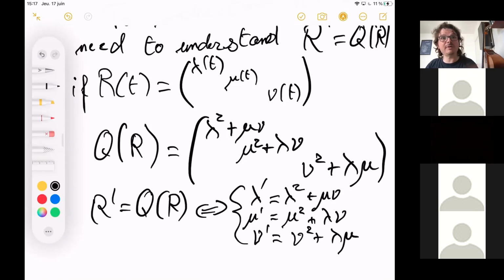Now, if we find convex O(n)-invariant conditions which are preserved by this ODE, we can apply the maximum principle. You have to be a little careful: it's not convexity in lambda, mu, nu, it's convexity in the matrix. I won't delve too much into that.